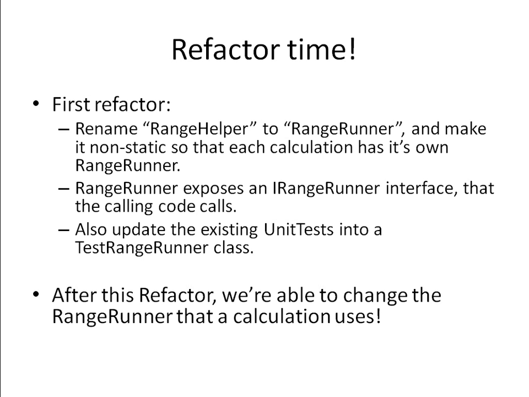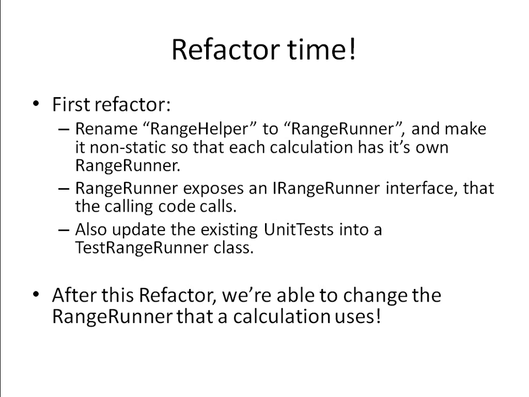In case you're interested in the details, the range runner exposes an iRange interface that the calling code calls. Also, I took our range helper tests and I created a test range runner class. As a matter of fact, I don't even think there were range helper tests. I think I had to create this stuff fresh. So yeah, always test, test, test.